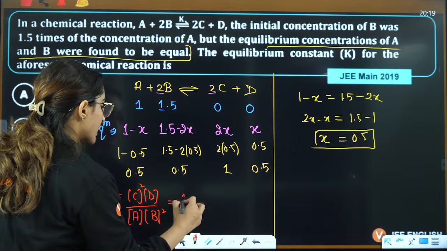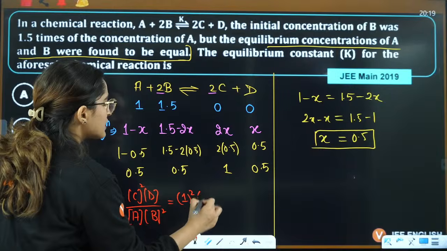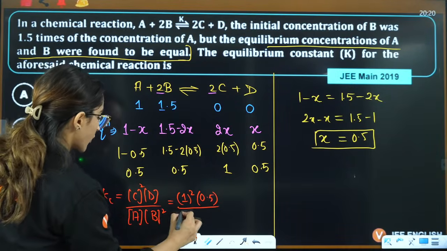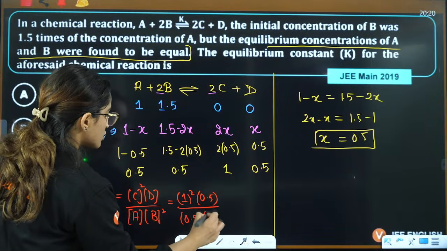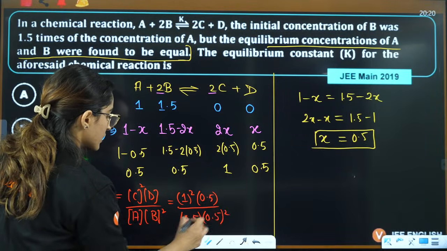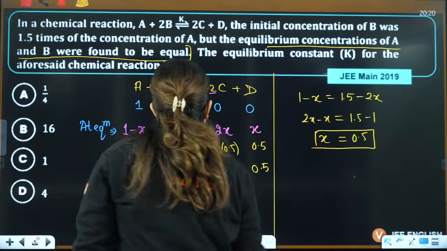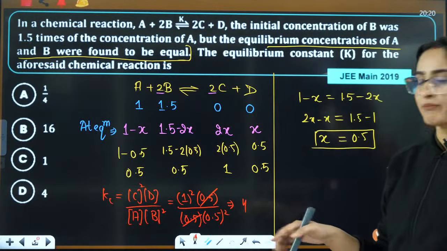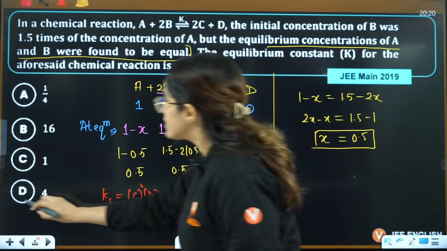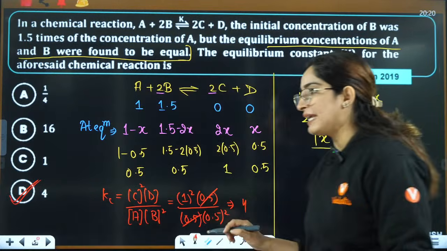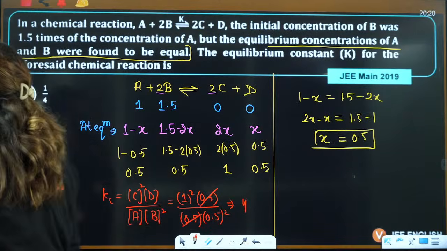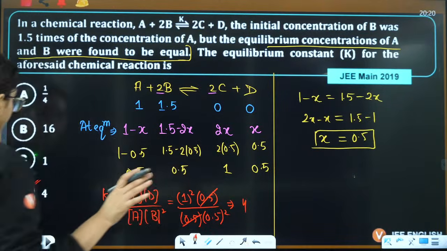C is 1 and D is 0.5, and this A is also 0.5 and B is also 0.5 square. So this will be cancelled and this will become 4, because 0.5 is nothing but 1 by 4. It will come out to be 4 here. So the answer is going to be D. Is that clear? Yes, everybody, tell me.